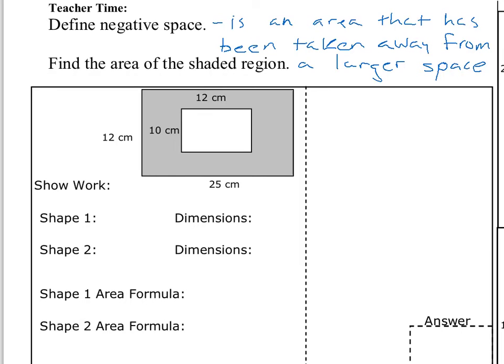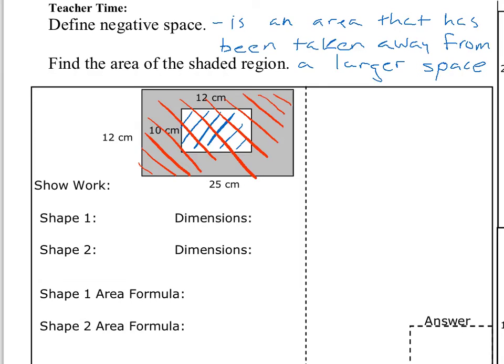So in this particular problem, our negative space would be this here. This middle part has been taken away from a much larger original shape, which was a much larger rectangle. The way I think about this problem is I think about this as a giant tray of brownies.